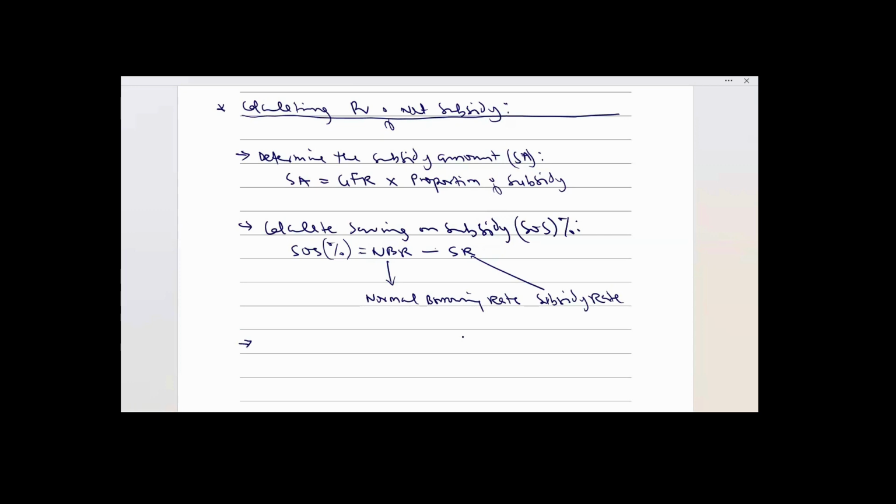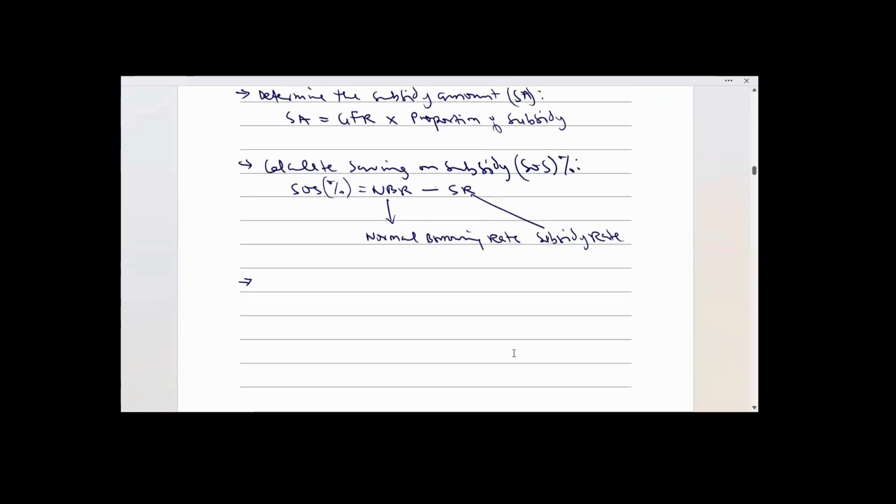Then, of course, step 3. What are you supposed to do? You calculate or determine net subsidy, NS. So net subsidy is calculated as subsidy amount multiplied by savings on subsidy in percentage, multiplied by, when you say net, net means 1 minus tax, so multiply by 1 minus tax rate.